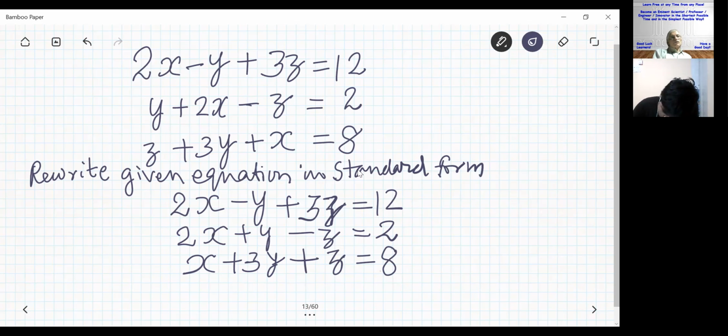So it will not affect the delta, it will affect the delta x. So make that 8 instead of 10.